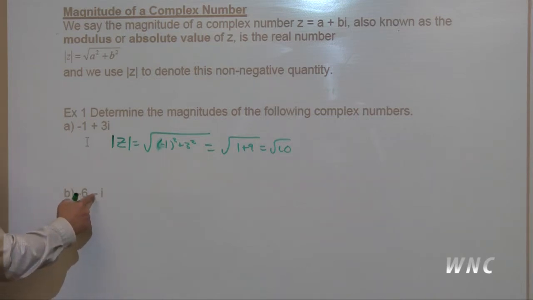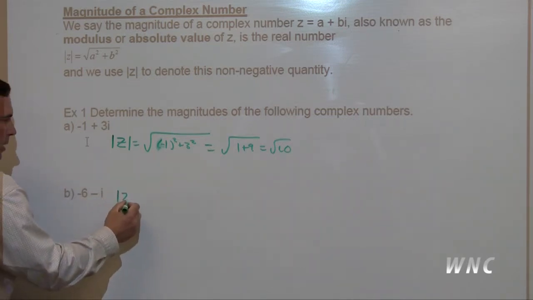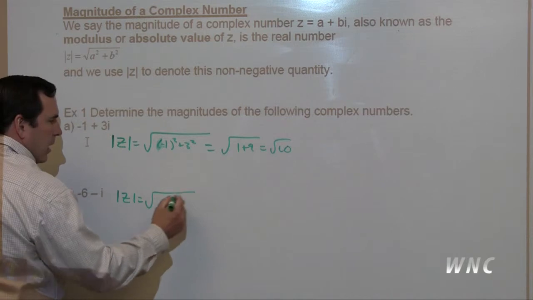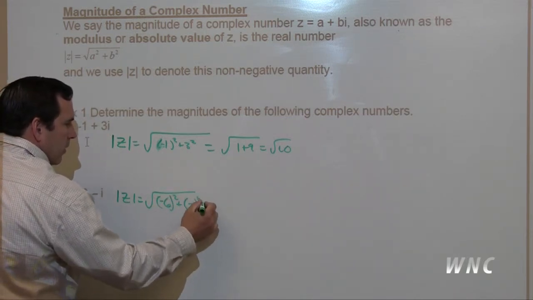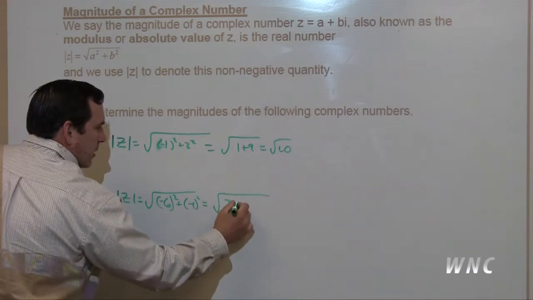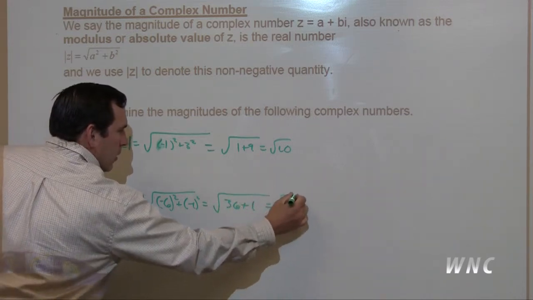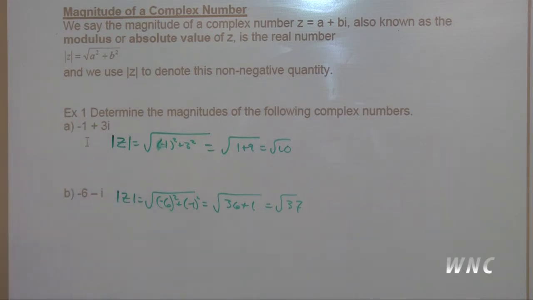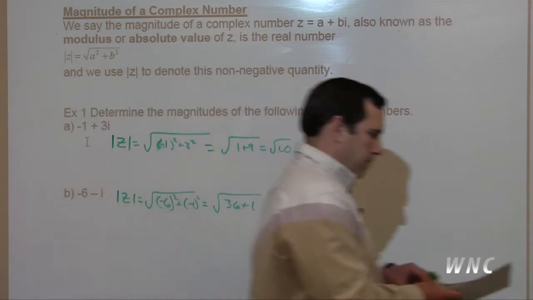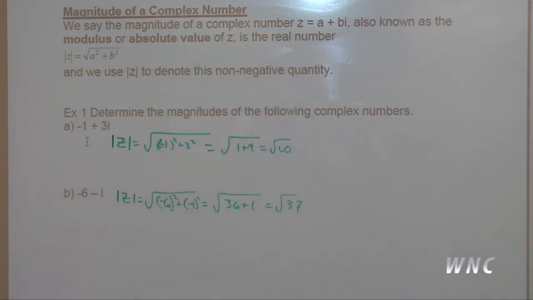And for negative 6 minus i, this magnitude is going to be the square root of negative 6 squared plus negative 1 squared. 36 plus 1, 37. Go to the next page, so feel free to pause.